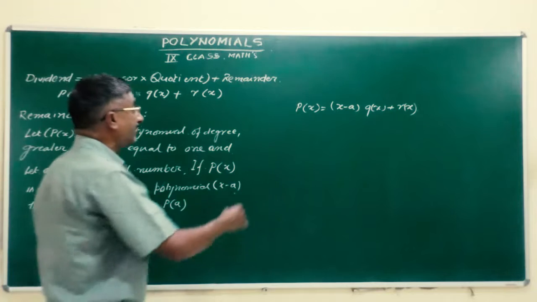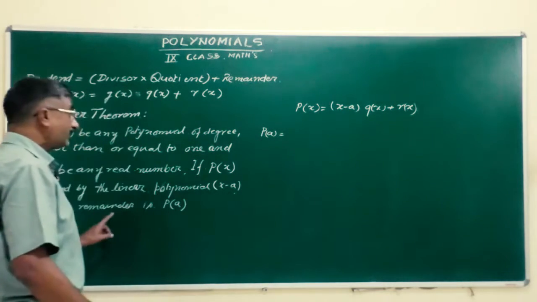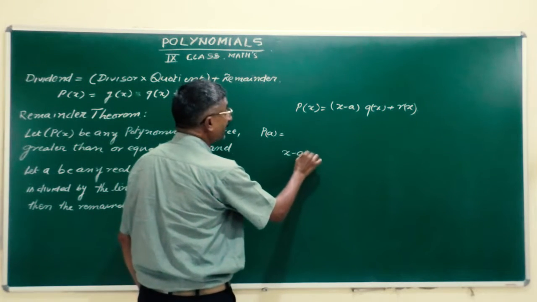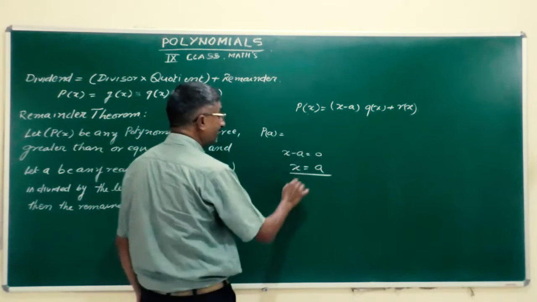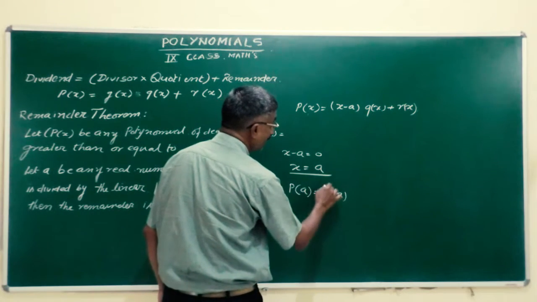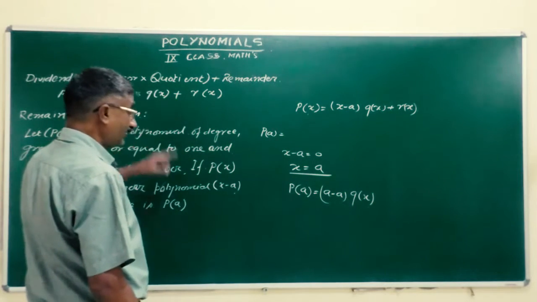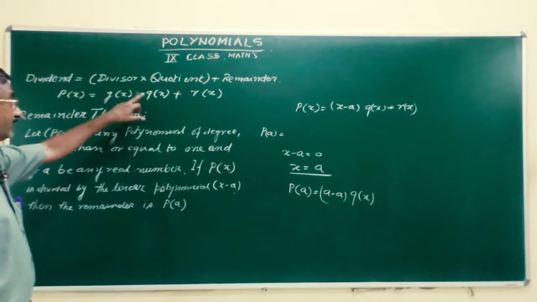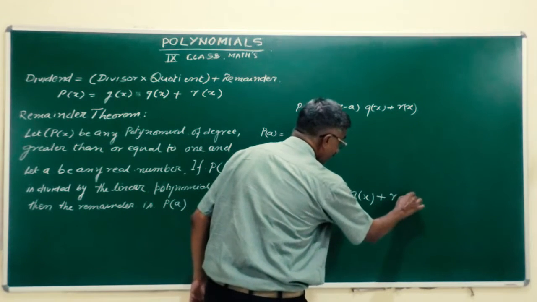It means if we substitute x minus a equal to 0, that is x equal to a, so substituting here x equal to a, p(a) is equal to (a minus a) into q(x). What is q(x)? q(x) is the quotient. Clear? This is dividend, this is divisor, this is quotient and this is remainder. So plus remainder, that is r(a).